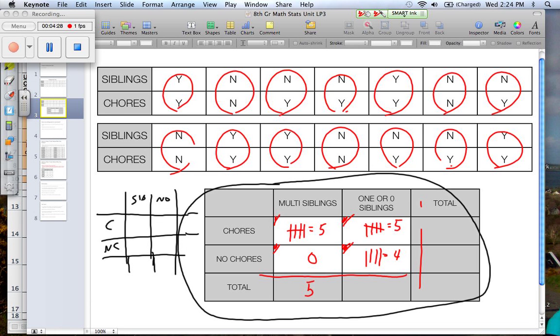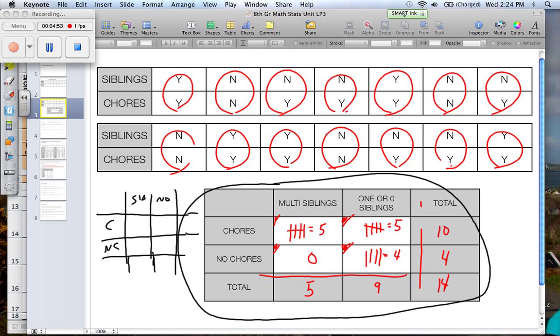Right, so there are 5 students in my class that had multiple siblings, and 9 of them that had 1 or 0 siblings. 10 of my students had chores at home, 4 of them did not. Both of these totals should add up to 14, because that's how many kids were in my class. That last row is a little check for us to make sure that I had counted up the data correctly.